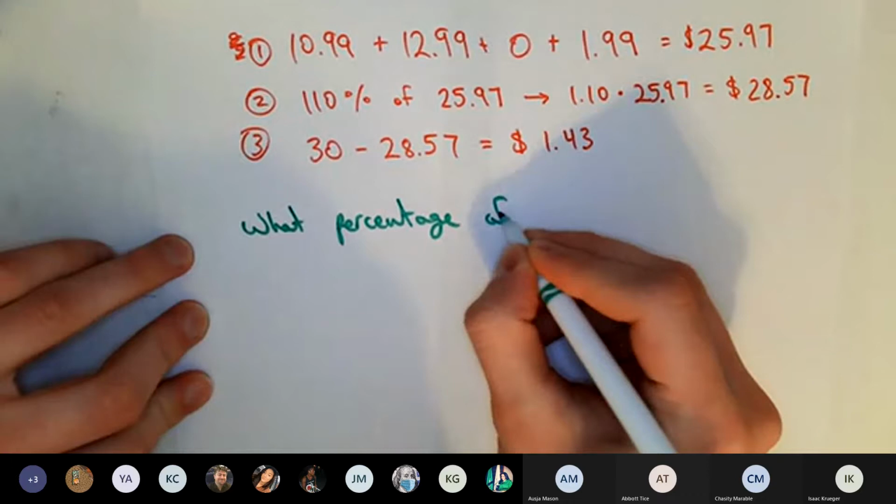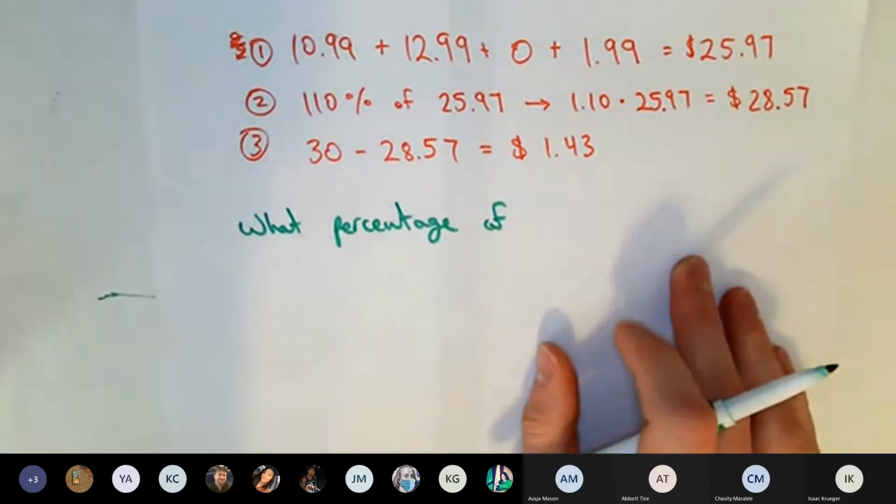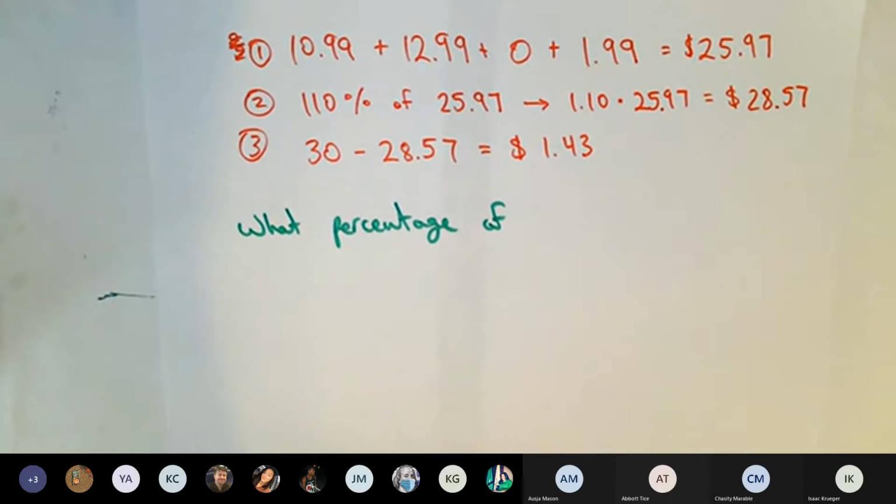What percentage? Hang on a second. When you tip, oh my gosh, I haven't been to a restaurant in so long that I've legitimately forgotten: when you tip, do you calculate your tip from the total before tax or total after tax?